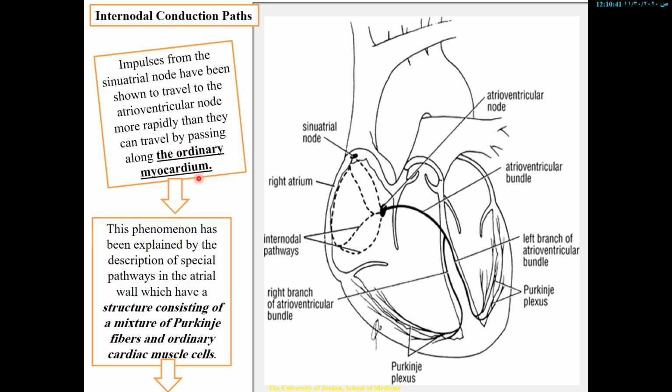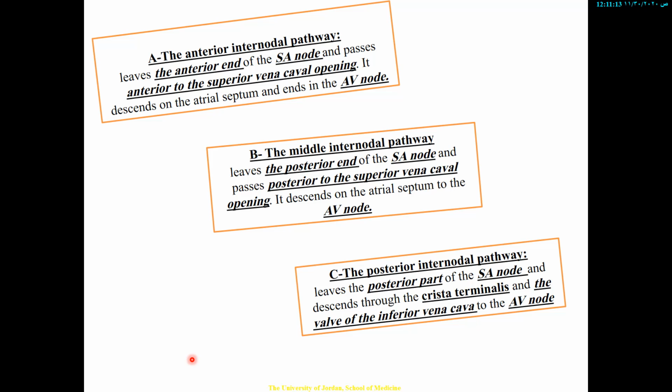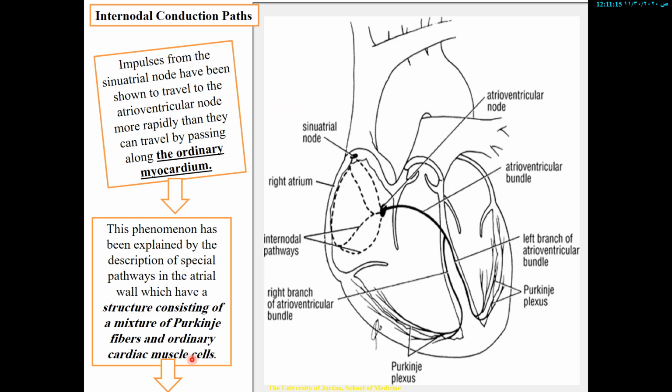We used to believe that the signal from the SA node to the AV node is traveling through the myocardium of the atria. Nowadays, there have been more than one explanation saying that there are structures consisting of a mixture of Purkinje fibers and ordinary cardiac muscle cells, and we believe that these pathways can immediately bring the impulses towards the AV node.